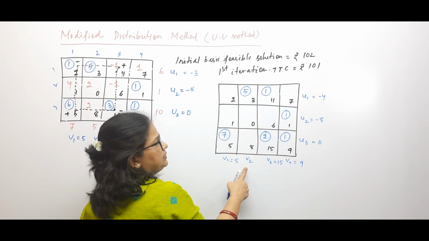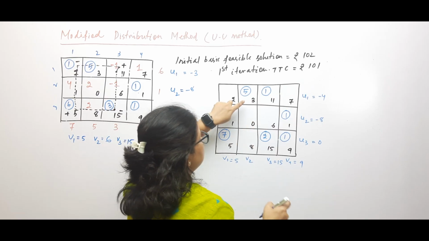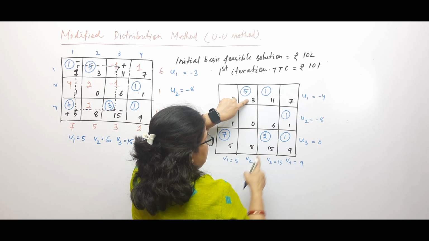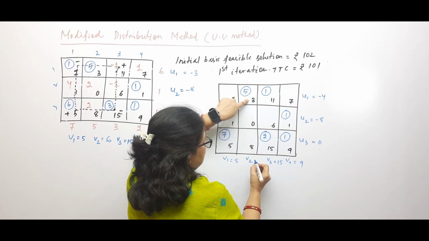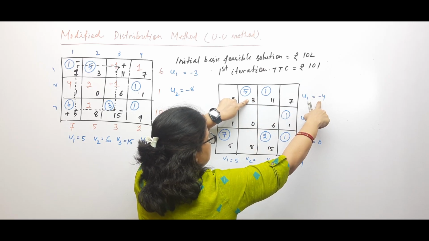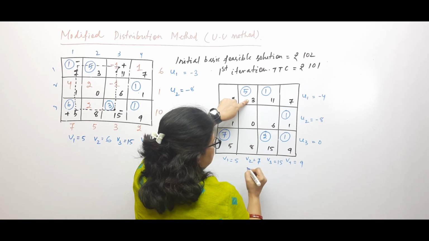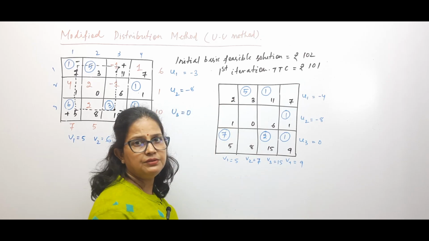Now we can calculate V2. V2 we can calculate here as Cij equal to Ui plus Vj. So 3 equal to this plus V2. So V2 equal to 7 now. So these are our U and V values.